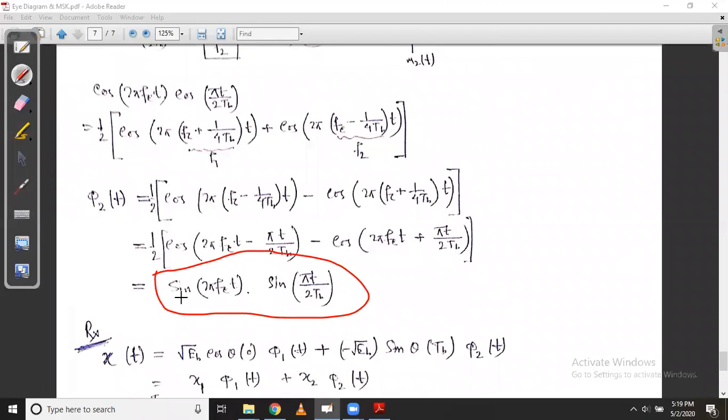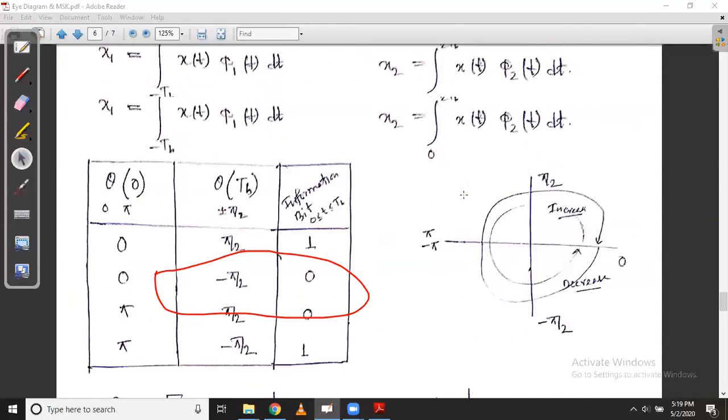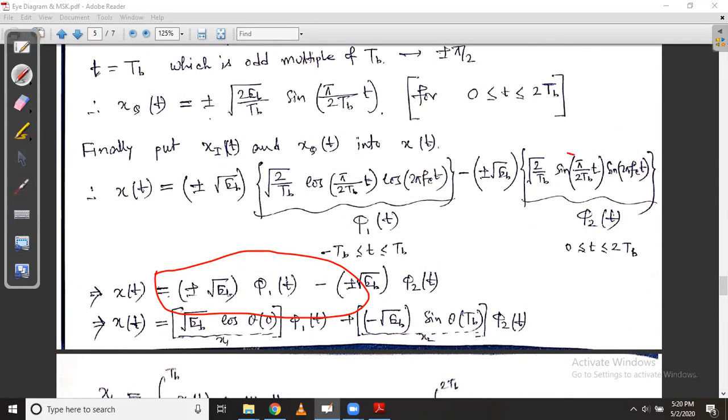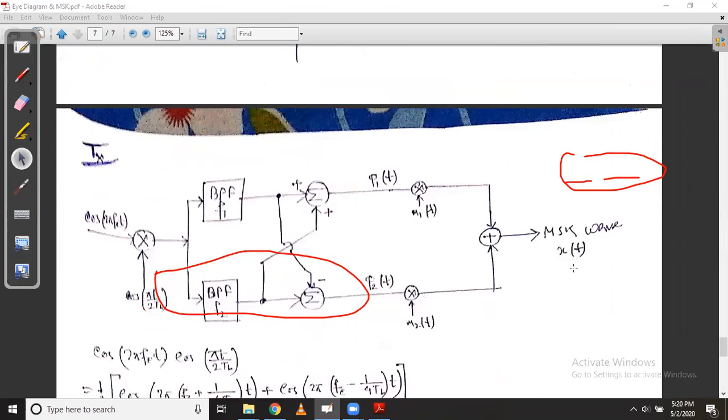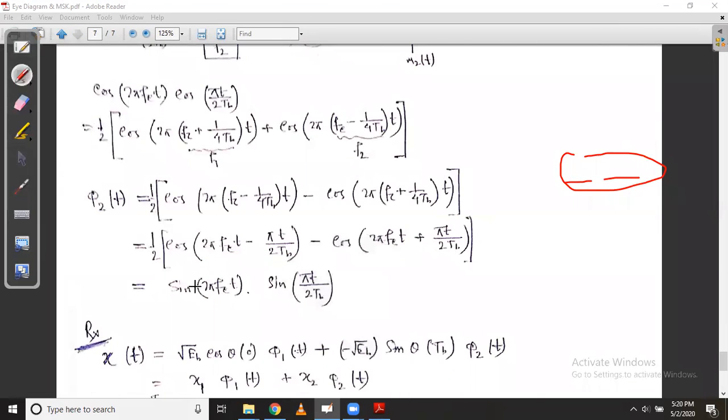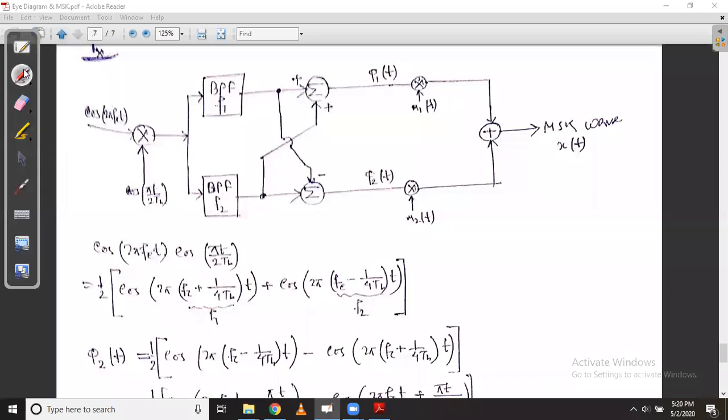What are we getting? We are getting the sine term. You check out these two things here: sin 2 pi fc t, sin pi t over 2 Tb. See, how interestingly, using only these two signals at the input of the transmitter, we are getting both the cos term plus sin term, and the whole MSK expression at the output of the transmitter.